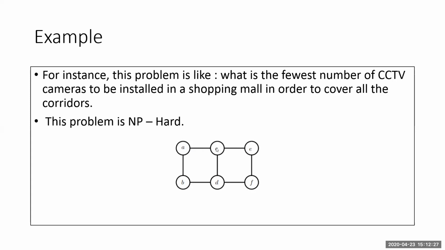if you keep the camera at C and D alone, you can cover all the regions. Remember, first I'm installing a camera at C, which can cover the regions A, E and D. And if you keep a camera at D, then you can cover B, F and C, so the entire graph can be covered with a cardinality of only 2.